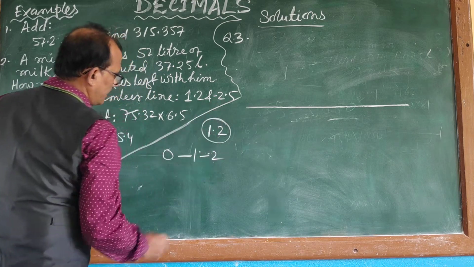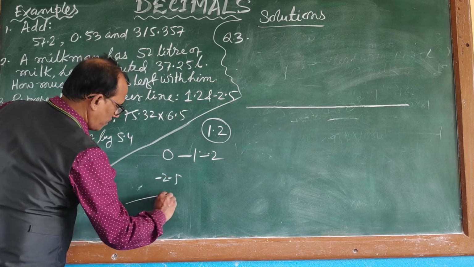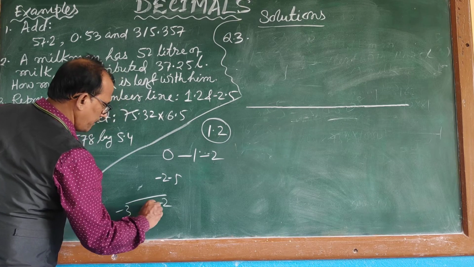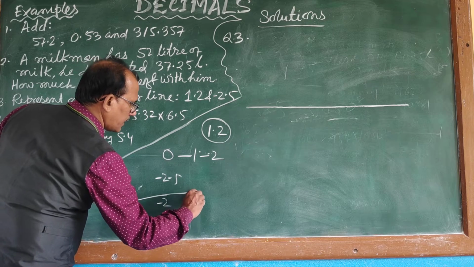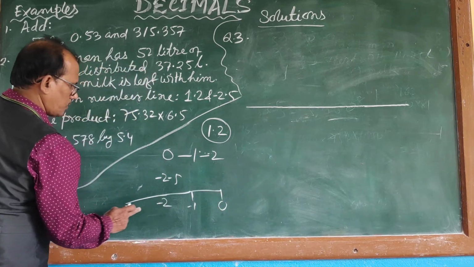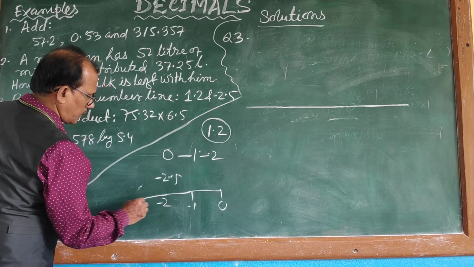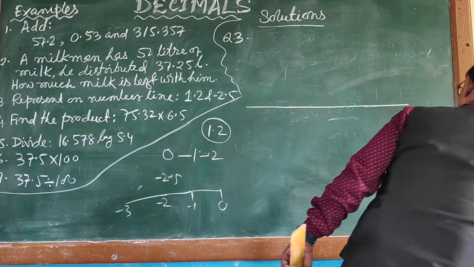Like this, minus 2.5 will be between minus 2 and minus 3. In between this side, minus 1 will be there. Then again 0, minus 1, minus 2, minus 3. Definitely minus 2.5 will lie between minus 2 and minus 3. That is it.